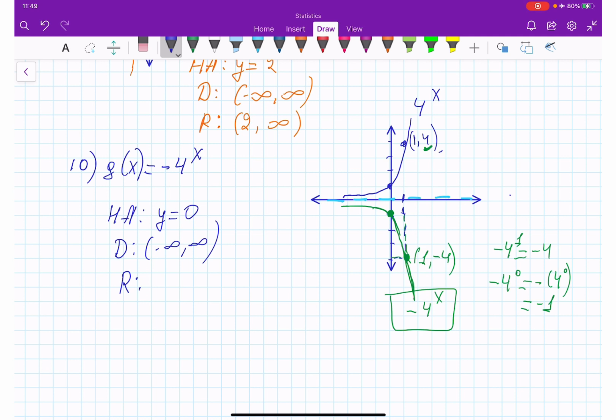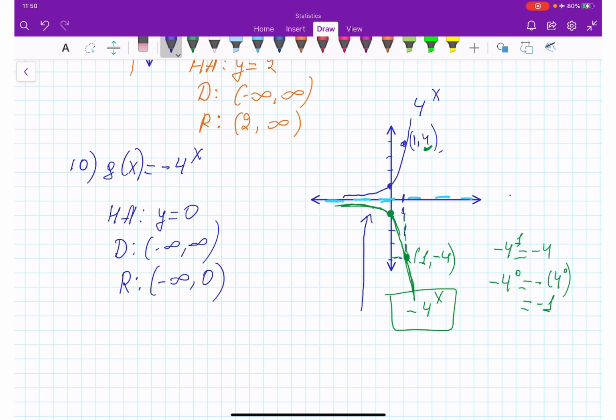It will start from negative infinity and grow here all the way to 0, because this line is 0, right? It's running to 0, but never crosses. That's why we put in parentheses. So it's going to be from negative infinity to 0 in parentheses. All right?